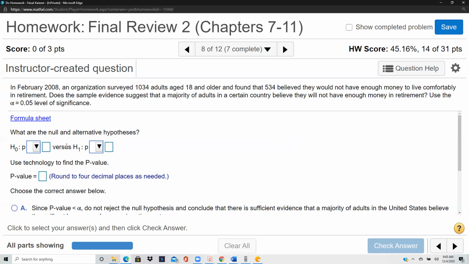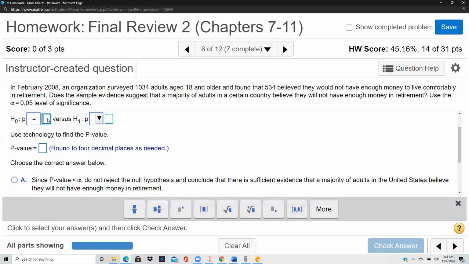So then what number do I put here? What sign do I pick? For the first one, wouldn't it be equals? Null is always equals. And what number? It's a percentage, so you have to enter the proportion. 50% is what proportion? 0.5.